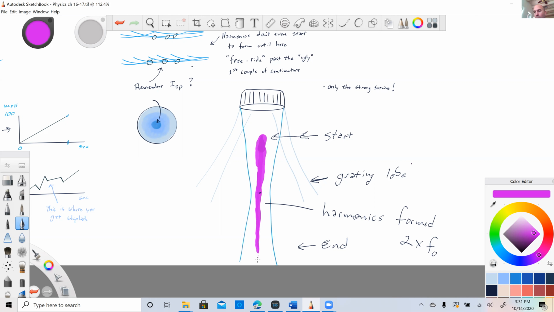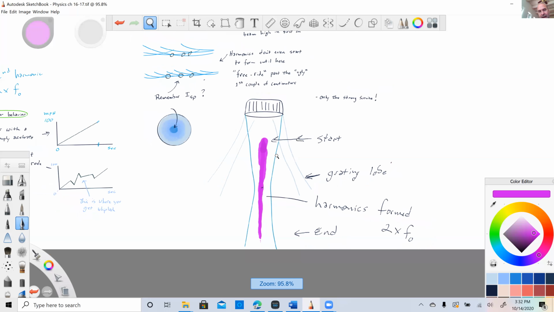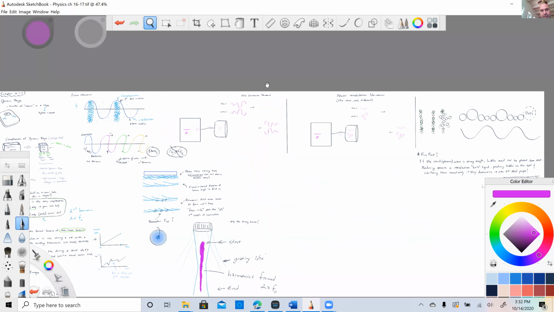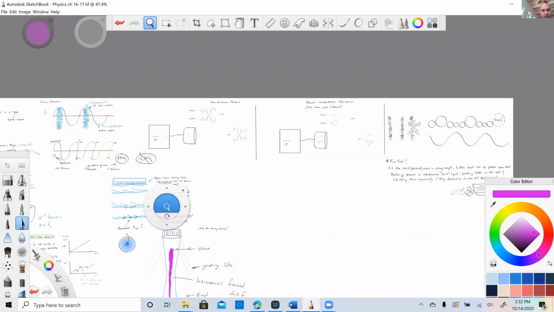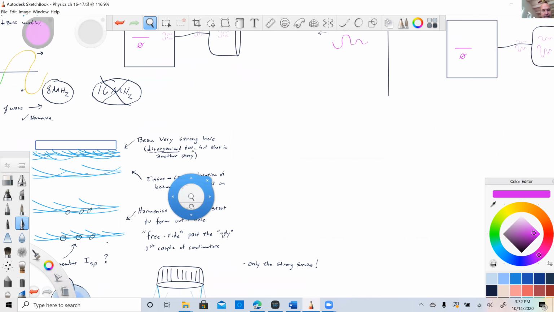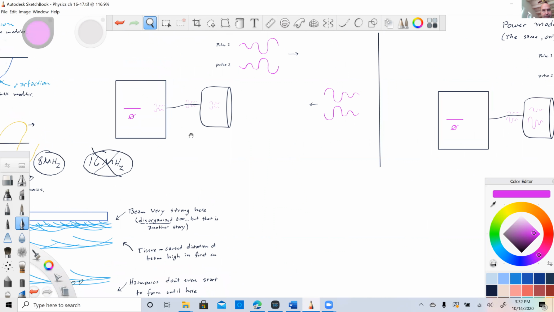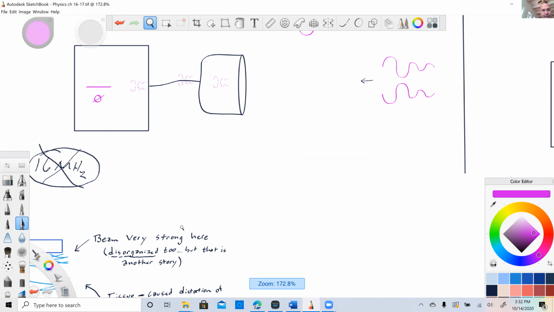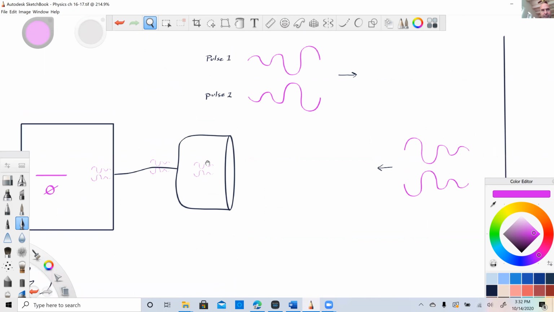Okay, so now I have to talk about a couple of ways that manufacturers have manipulated this information. It was actually hard to draw, but hopefully I've got something going here.